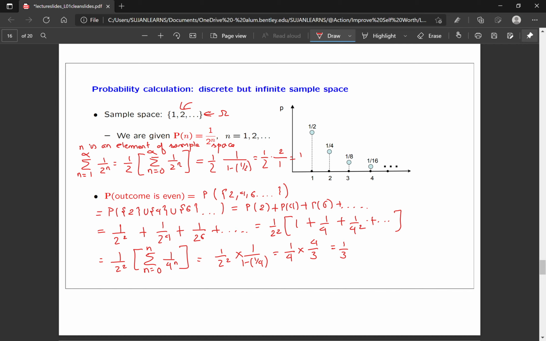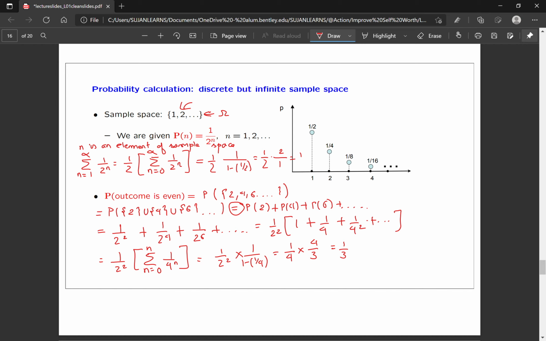Leaving the calculation details aside, let's go back and see whether our calculation is correct. Can we use the additive axiom or additive property here for sets? We know that the additive axiom only applies to finite sets, but here we have an infinite number of sets.